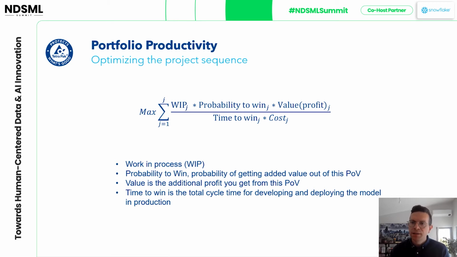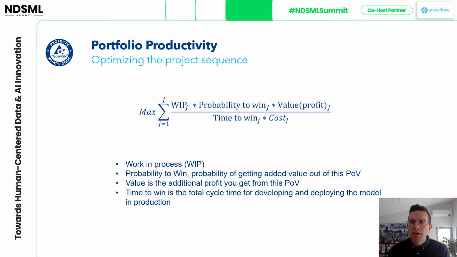And this is again starting with the theoretical value, then empirical value, and then finally the continuous value. So this is the numerator, and then you have the denominator of this function, which is the time to win, which is the cycle time for all this journey from proof of value to deployment, times your cost.